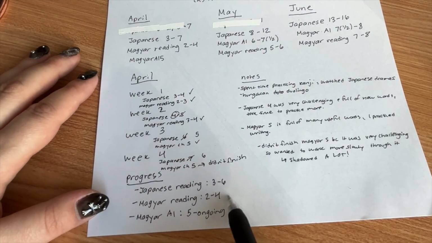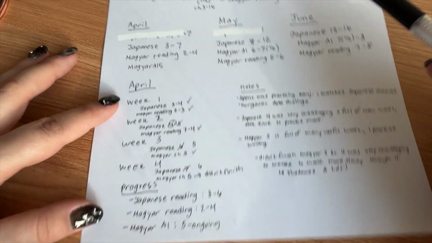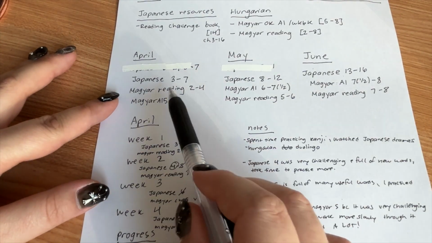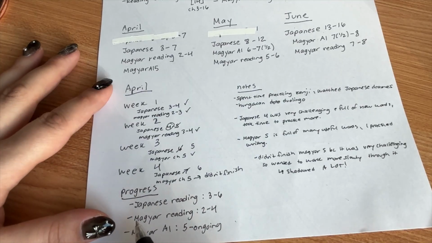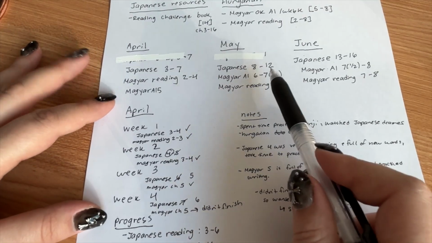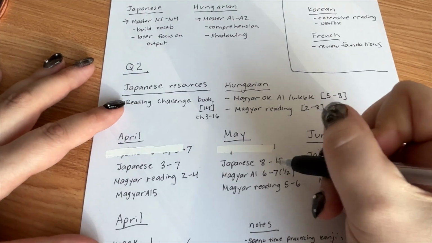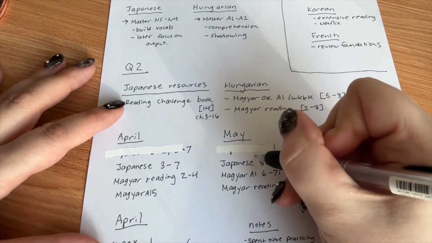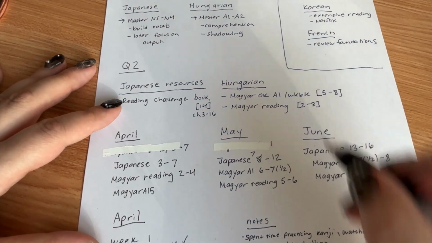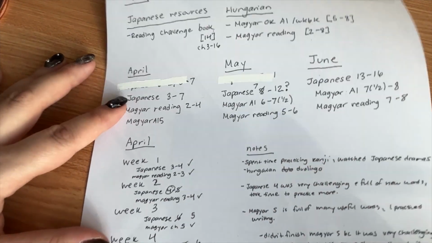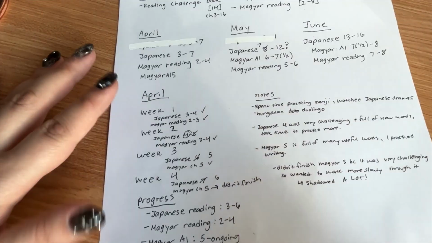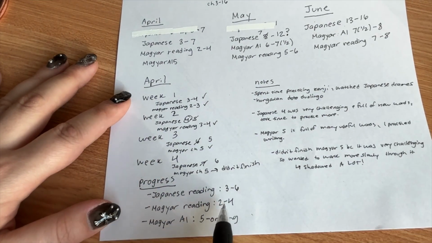Okay, so I can see if I compare this now to what my goal was for Japanese 3 to 7, I only got 3 to 6. So I was missing 1. Okay. So that means when I'm going to do Japanese here, I'm going to be starting from 7. And are we going to finish 12? Maybe not. Okay. And then if I look here, Madara reading, I did 2 to 4.